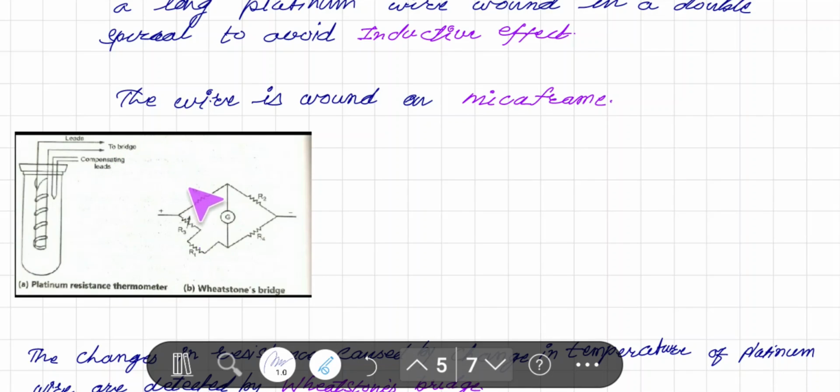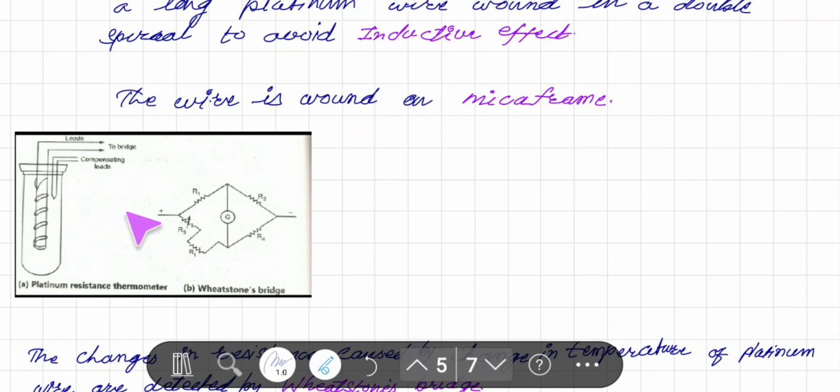Here the Wheatstone bridge is used for measurement of the change in voltage corresponding to the change in temperature. So it is in a Wheatstone bridge arrangement, with R1, R2, R3 and R4. Four resistances are there.